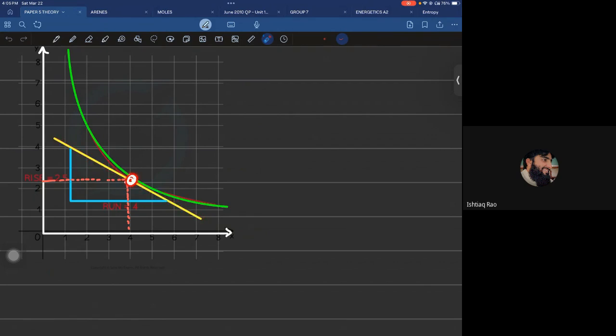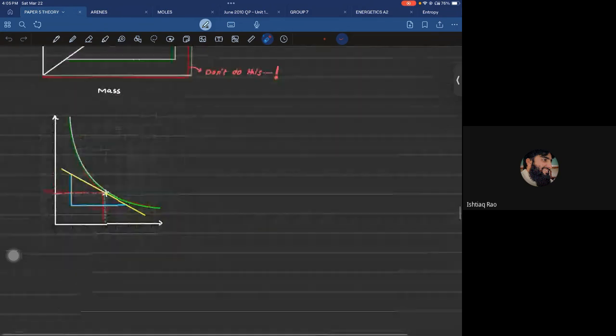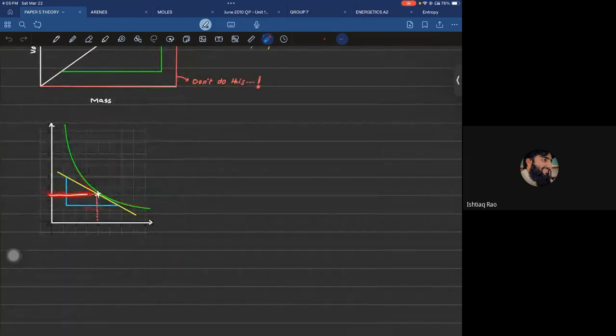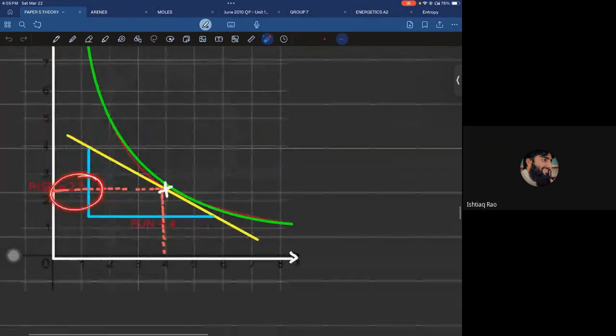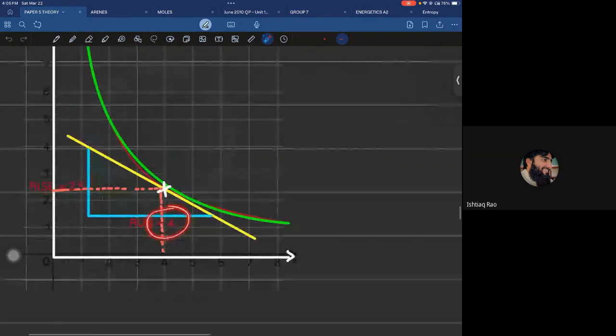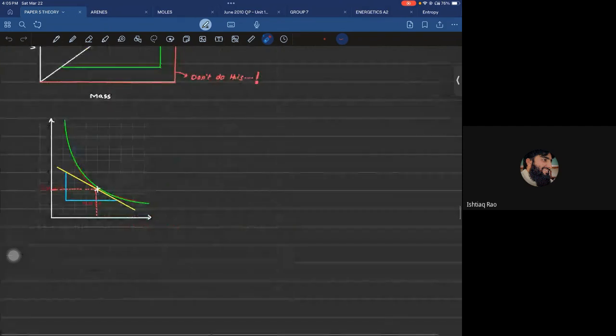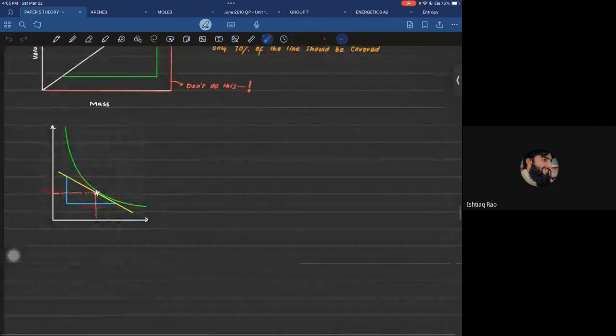I need to find the gradient, so of course the formula is y over x. Y is 2.5 and x is 4. I divide these two values and I get the gradient.